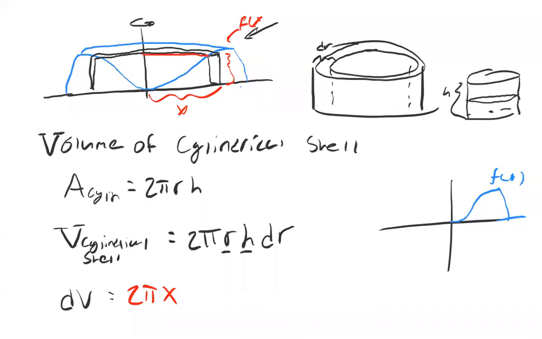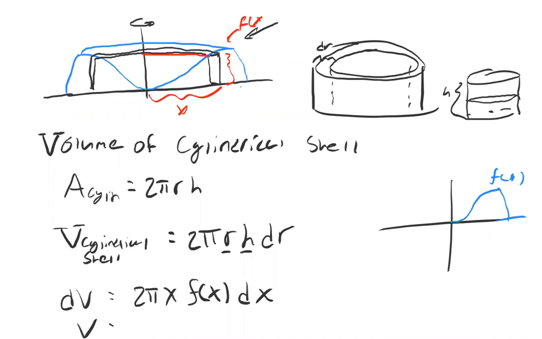It's the y value of the function, which is f of x. So I have dV is 2 pi x f of x, and instead of dr, I'm going to replace it with what I've replaced r with. It's going to be dx.